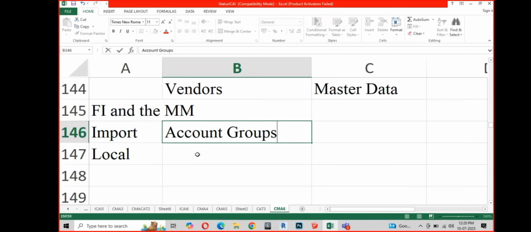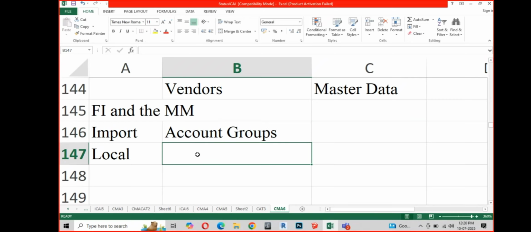account groups, vendor account groups, very similar to your general ledger account groups. What did we do in our general ledger account groups? We classified the general ledger accounts into your balance sheet account or your profit and loss account, or based on the requirement of your implementing partner: fixed assets, current assets, bank, materials, customers, vendors.